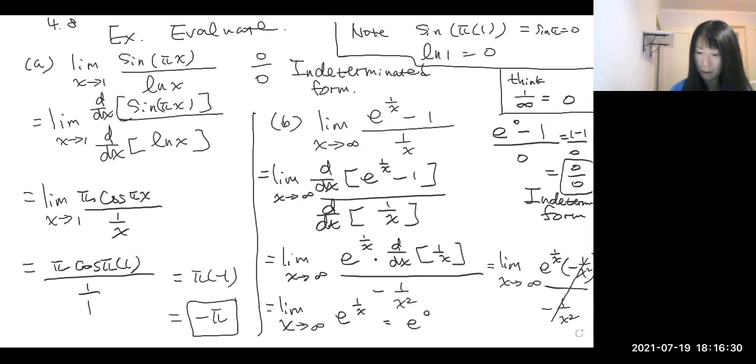So we get e to the 0, which is 1. Okay. All right. Let me erase this one.